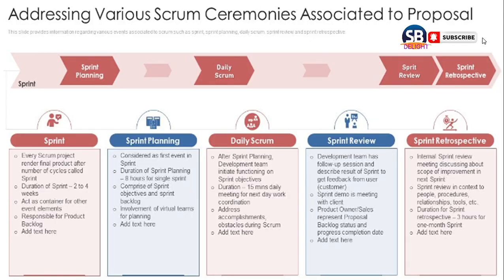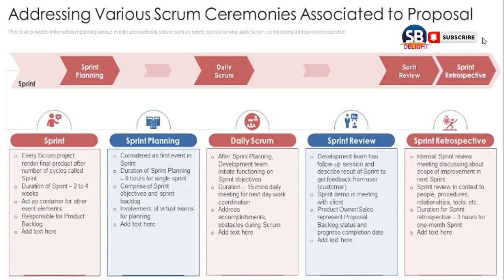See here, addressing the various Scrum ceremonies: what is meant by sprint, sprint planning, daily scrum, sprint review, sprint retrospective. One by one we will discuss. Sprint means every Scrum project renders the final product after a number of cycles called sprints.